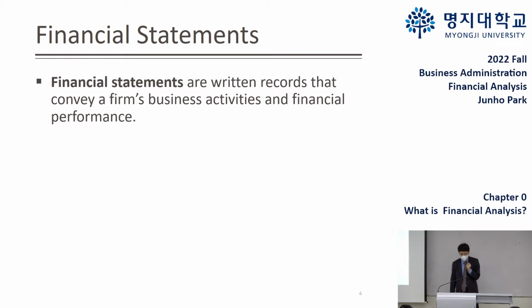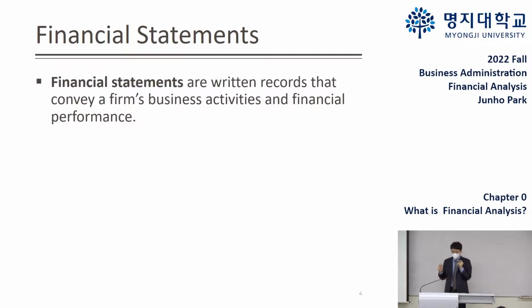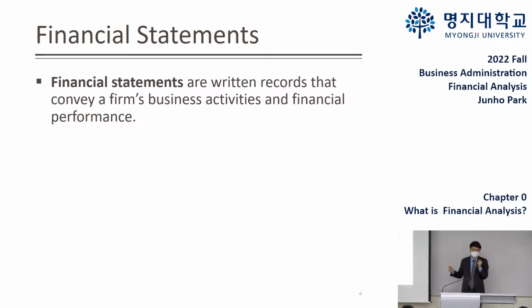Financial statements are written records or documents that convey a firm's business activities and financial performance. By a firm's business activities, it means everything a firm does for making money.